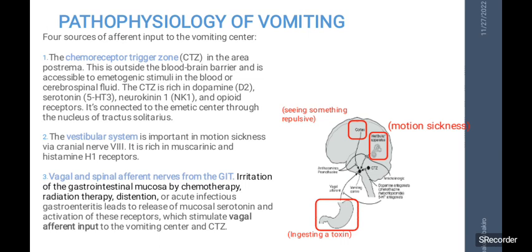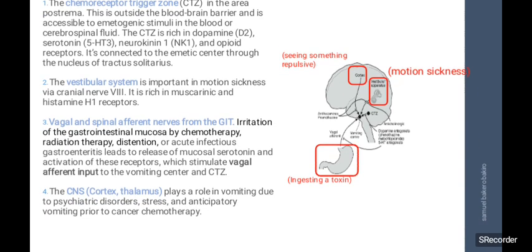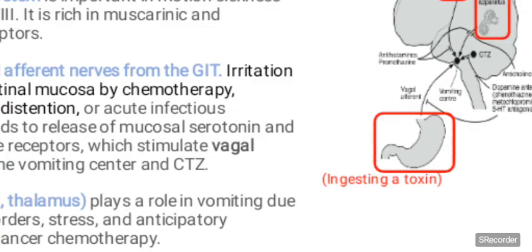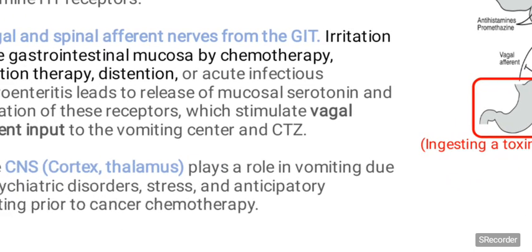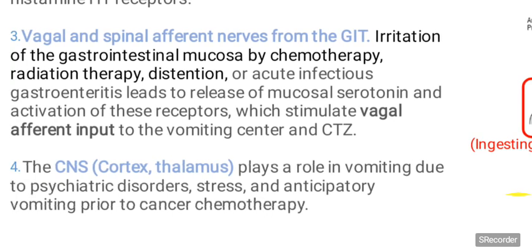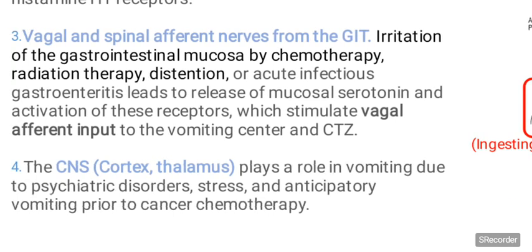Here mainly we find the 5-HT3 receptors, that is the serotonin receptors. Lastly, the fourth source is from the central nervous system. It can be from the cortex or the thalamus, and this plays a role in vomiting due to psychiatric disorders, stress, and anticipatory vomiting prior to cancer chemotherapy.